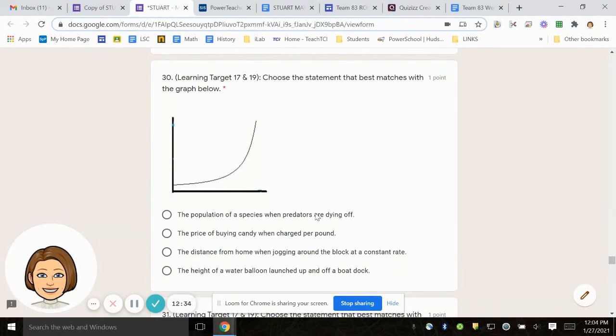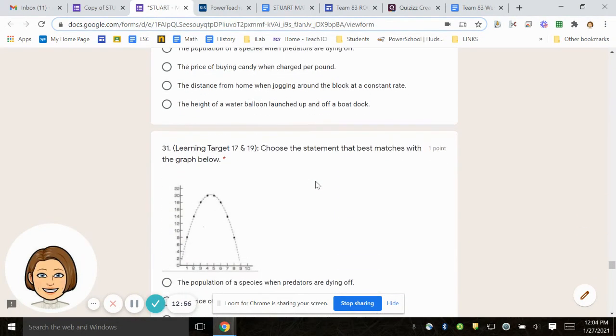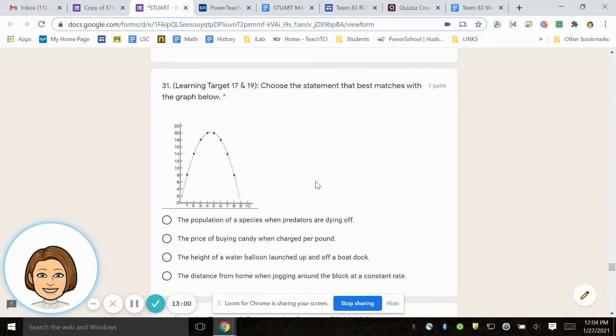Number 30, match this graph with the scenario. The population of a species when predators are dying off, the price of buying candy when charged per pound, the distance from home when jogging around the block at a constant rate, or the height of a water balloon launched up and off a boat dock. 31, match this graph with a scenario.